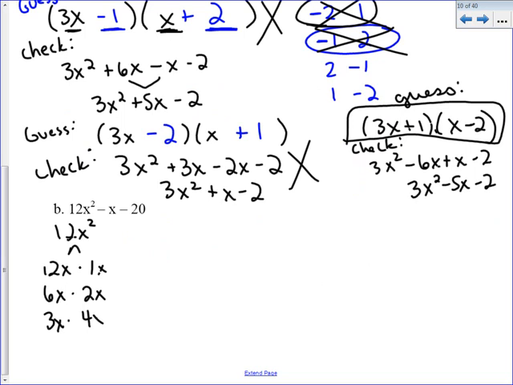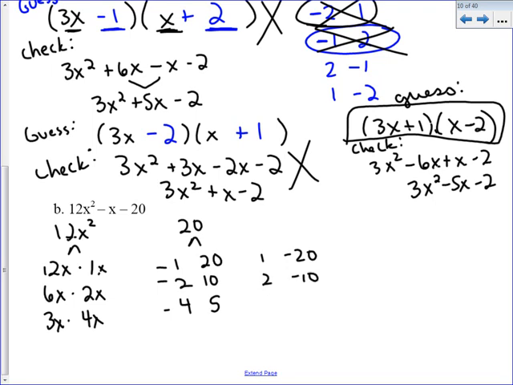All right, so now we've upped it to 3 different possibilities just to start each set of parentheses. And then the 20 at the end, well, 1 times 20, 2 times 10, 4 times 5. But because it's negative, we know we need 1 negative.